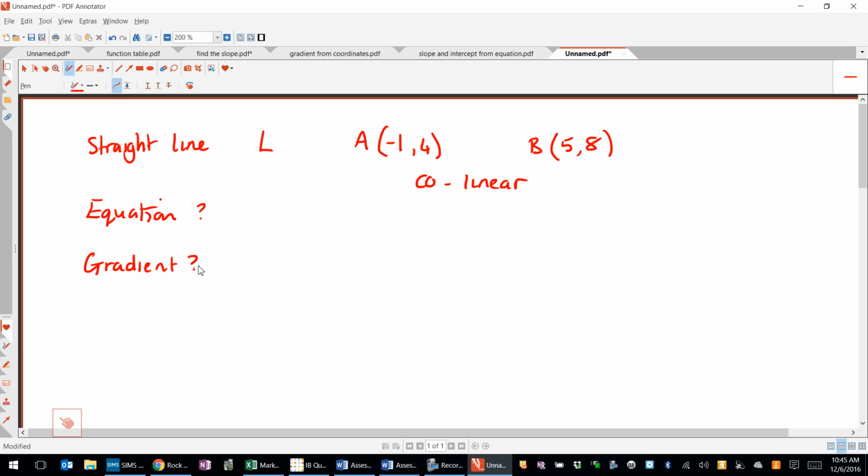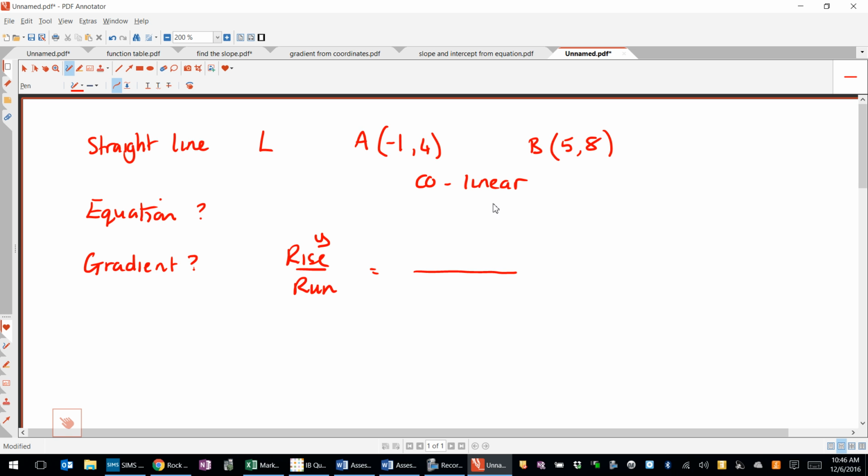So your gradient would be the rise over run. So the rise is which coordinate to which coordinate? Well, rise are the y values, so 4 to 8.